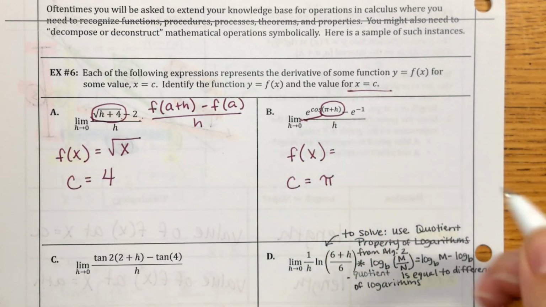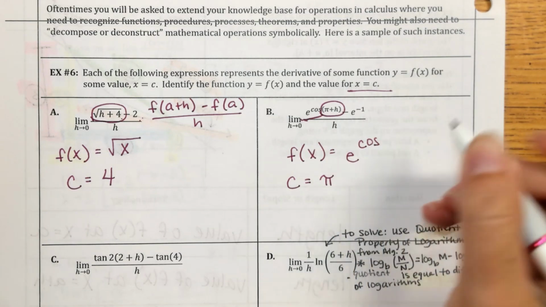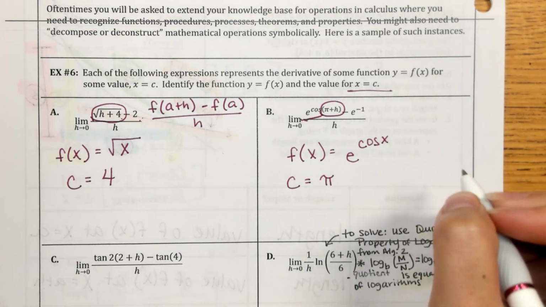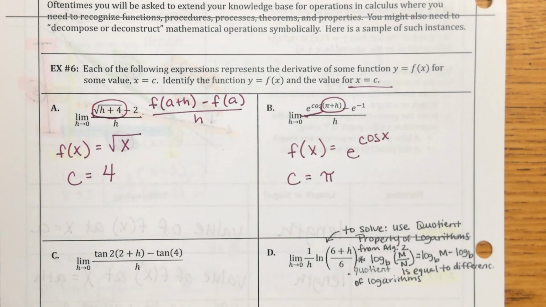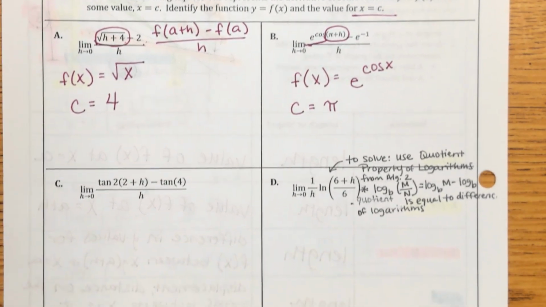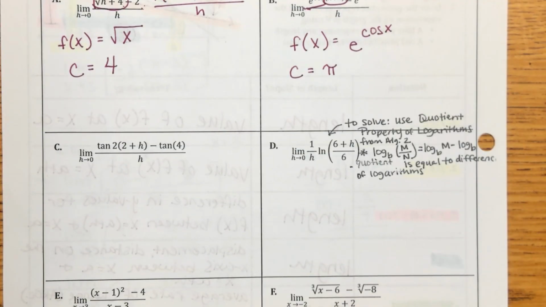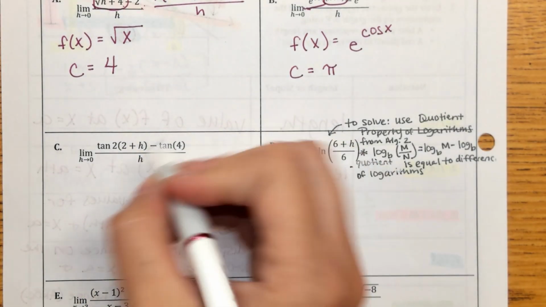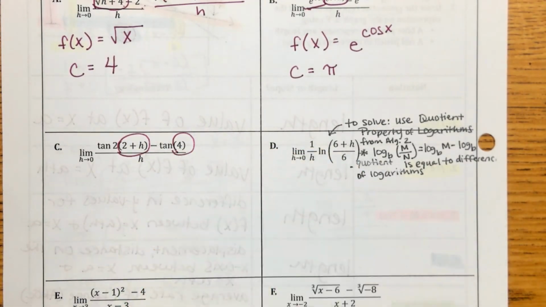My base is e to the cosine of x. Okay. Again, look at your x value, your variable that's been plugged in.